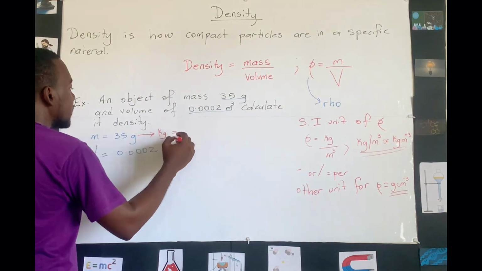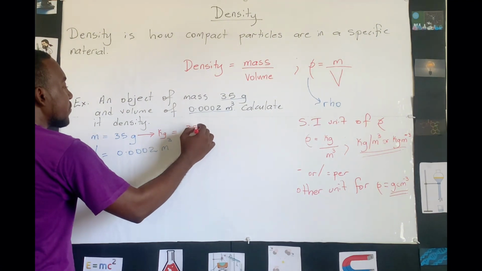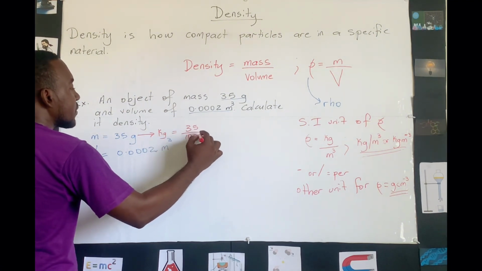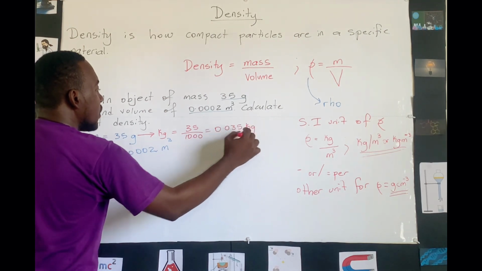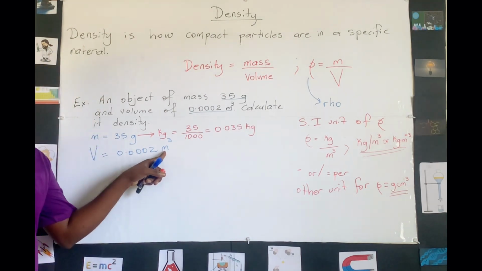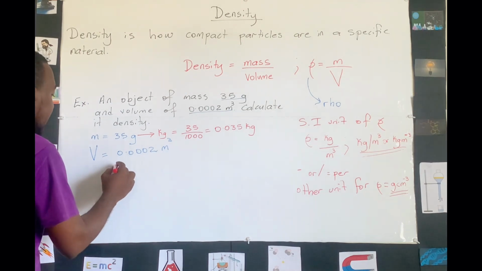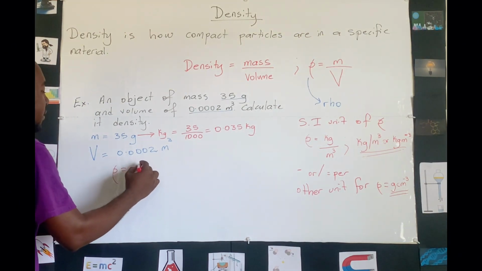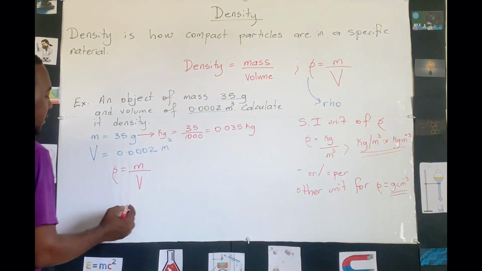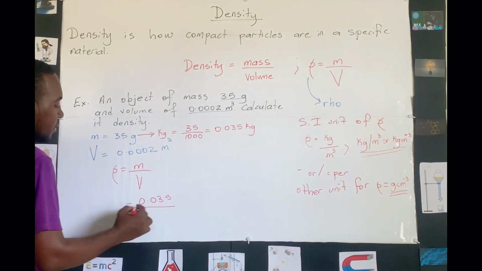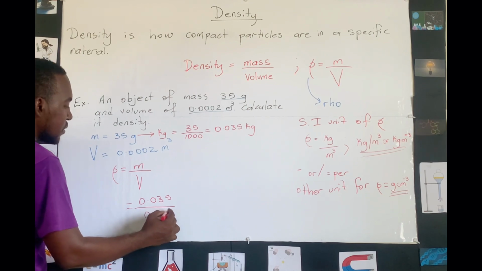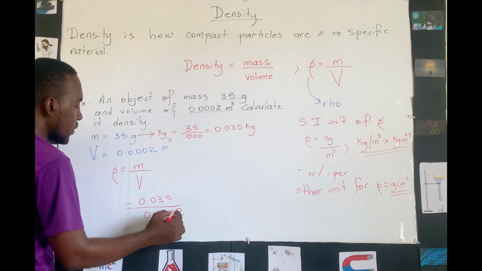How do we convert to kilograms? We divide the number by 1,000. So this is 0.035 kilograms. Now we have kilograms and meter cube. So therefore, we can find density. We write the formula and then we substitute, which is 0.035 divided by 0.0002, right?